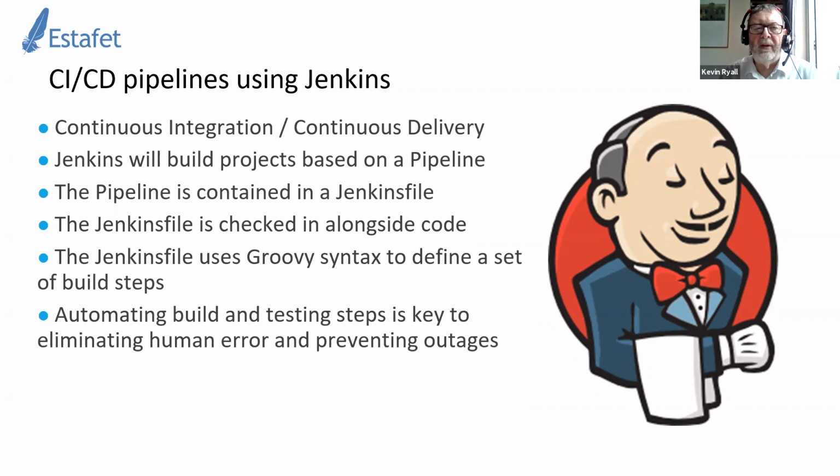The Jenkinsfile is a file that sits alongside your code and has a set of build steps in it. Jenkins, or tools like it, are a key approach to eliminating human error and preventing outages in the DevOps world.